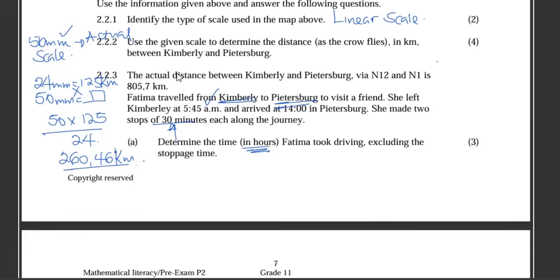So first and foremost, we're looking at duration, which is end time minus the time when it started. So it ended at 2, yet it began at 5:45. How much time is in between?